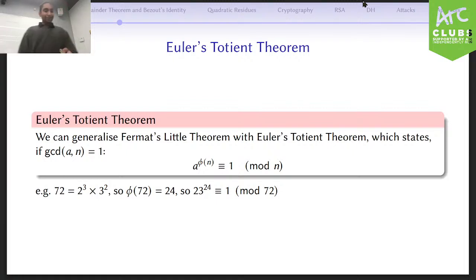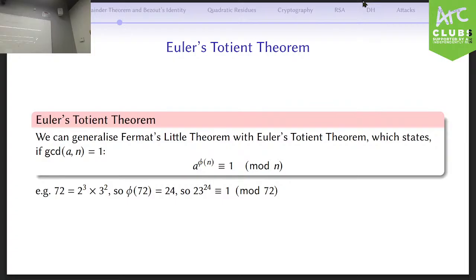If you do prime decomposition of 72, then find the totient of 72, you can compute that 23^24 is congruent to 1 in mod 72. So, 72 does equal 2 cubed times 3 squared. Yes, 2 cubed times 3 squared.